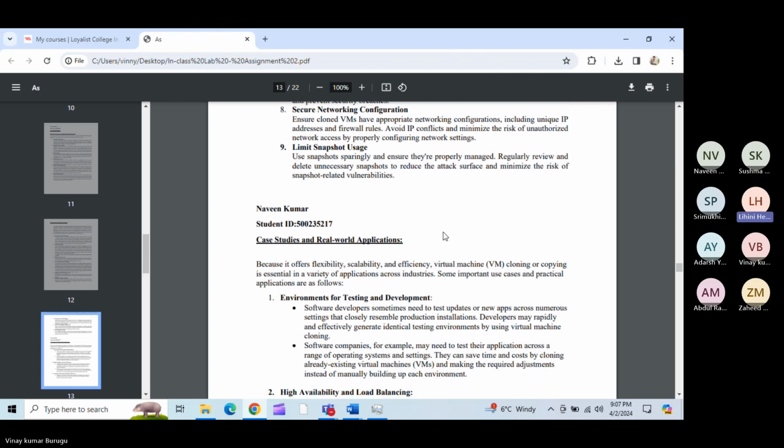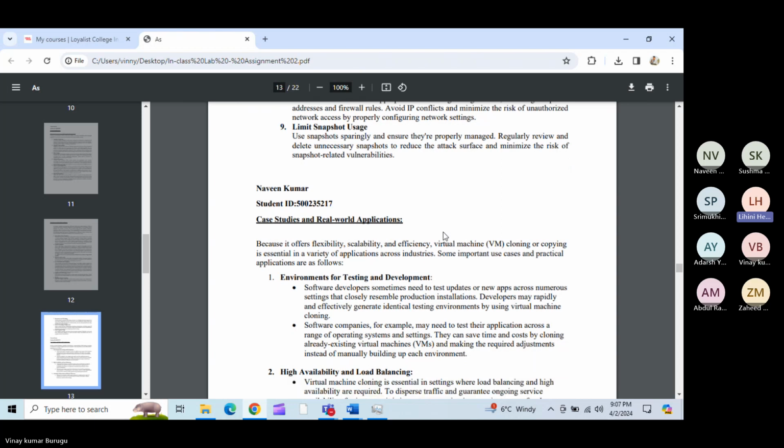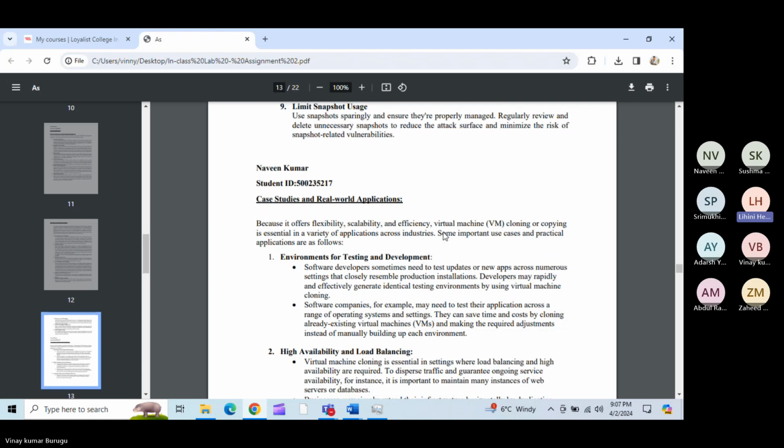And the last one is to limit snapshot usage. Use snapshots sparingly and ensure that they are properly managed. Regularly review and delete unnecessary snapshots to reduce the attack surface and minimize the risk of snapshot-related vulnerabilities.